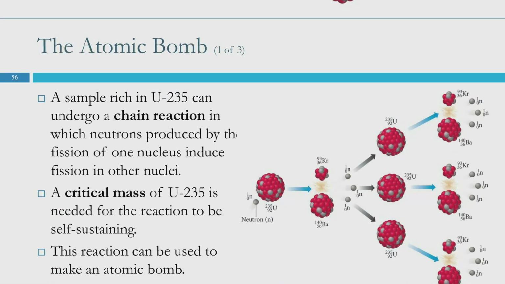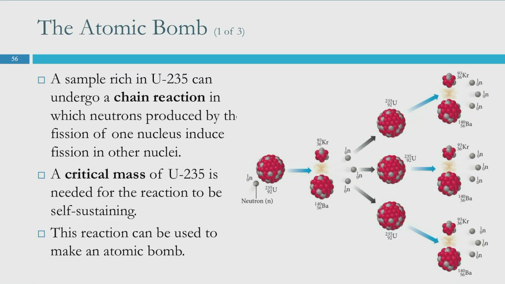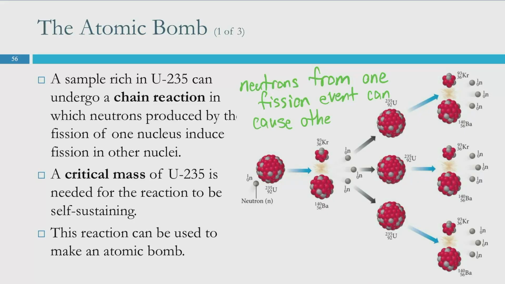Uranium-235, if you've got an enriched sample, can undergo a chain reaction. So those neutrons that I was talking about, those neutrons from one fission event can cause other fission events.